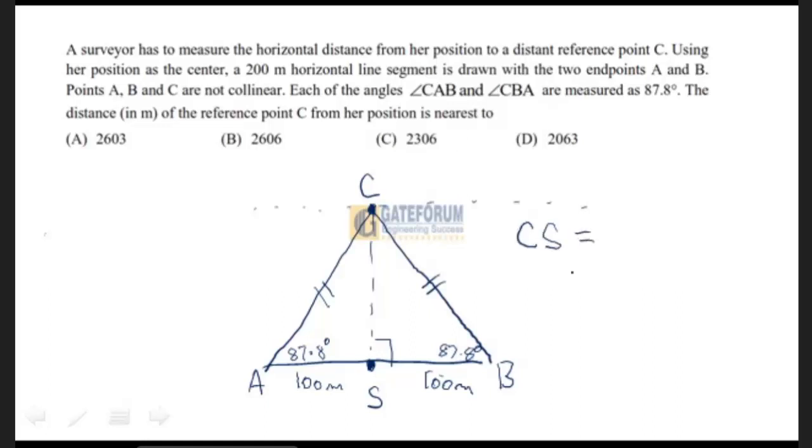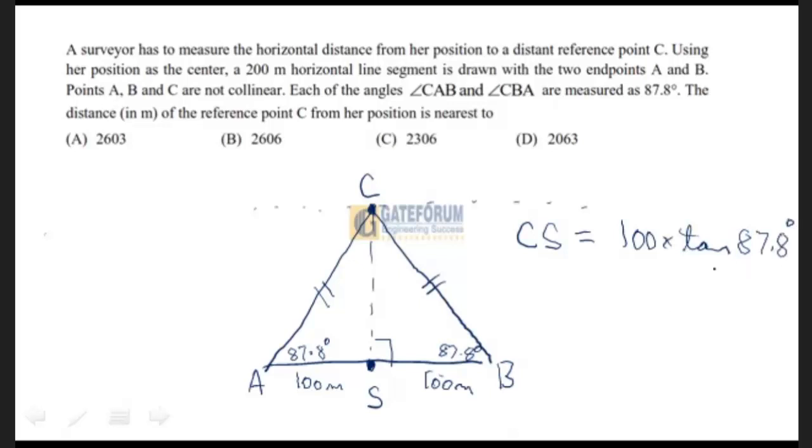So the length of CS would be, as you can see, since this is a right angle, tan of 87.8 degrees would be CS divided by 100. So CS would be 100 into tan of 87.8 degrees.